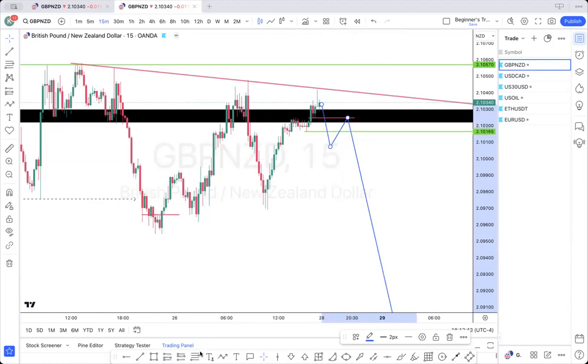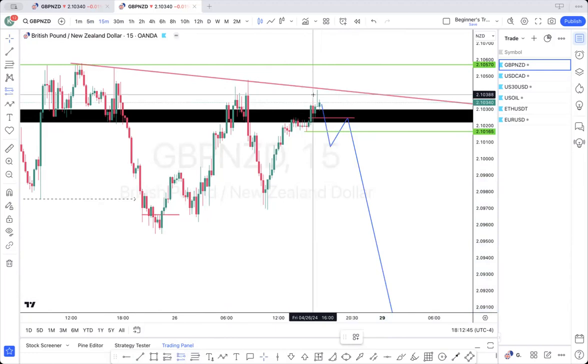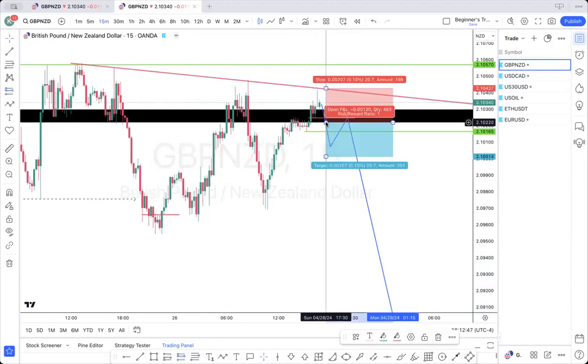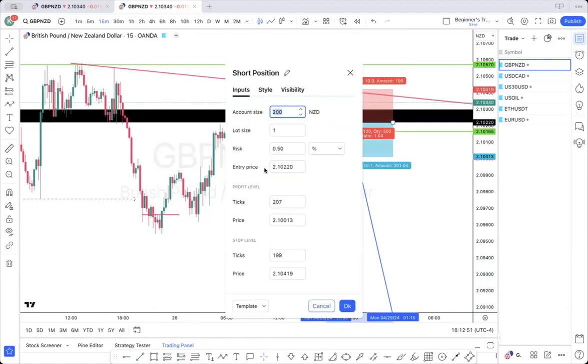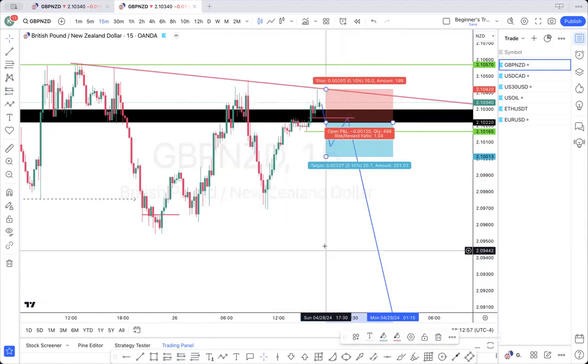And then once it pulls back to your zone and it gives me the stop loss that I'm willing to mark up, which is a 20 pip. This is above that swing.